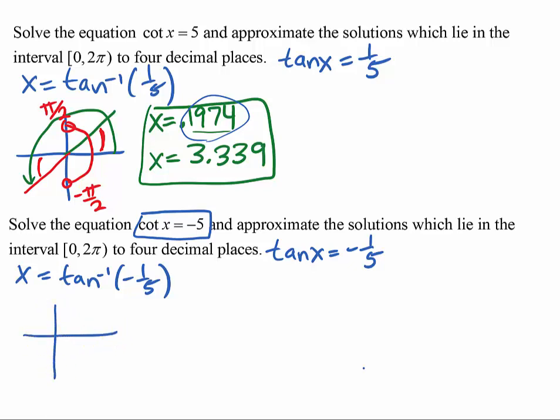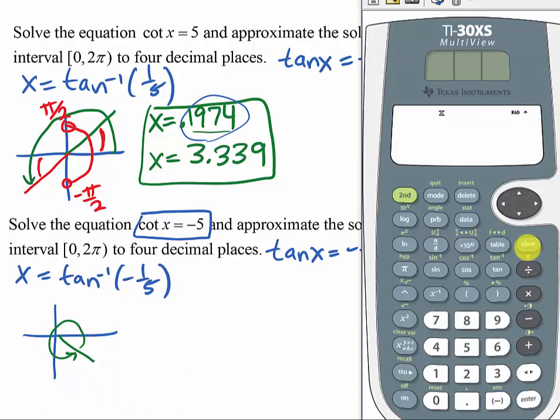Now the problem with that is it's not between 0 and 2 pi, so what I need to do is get a coterminal angle, and so I'm going to add 2 pi to what the calculator gives me so that I get an angle that is coterminal to the one the calculator gives me, but it's between 0 and 2 pi. So let's go ahead and do that. I'm going to do inverse tangent of negative 1/5.